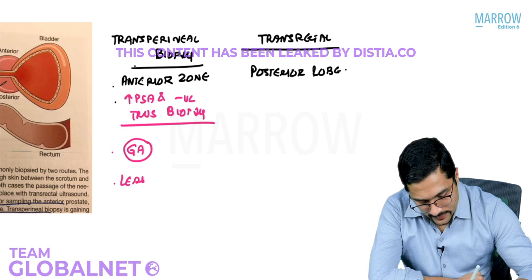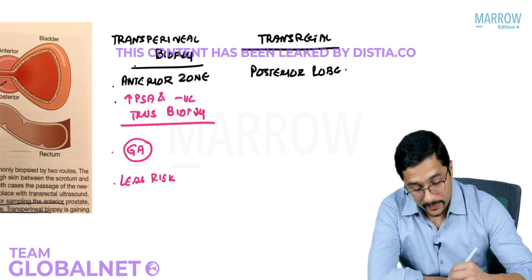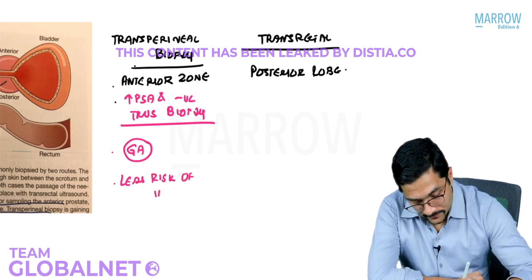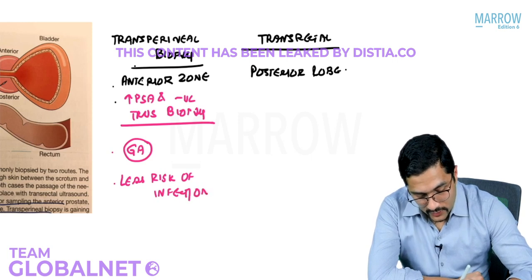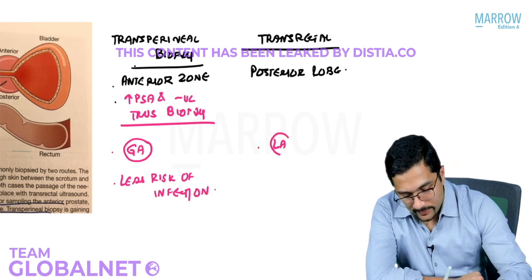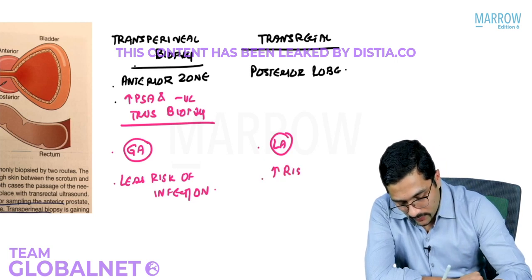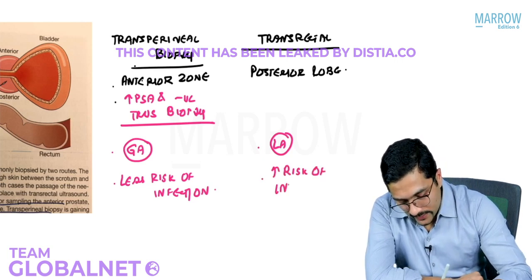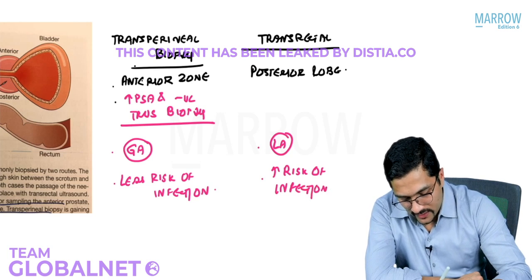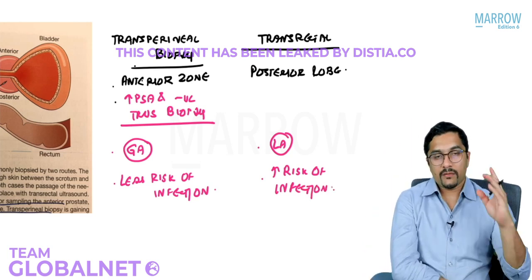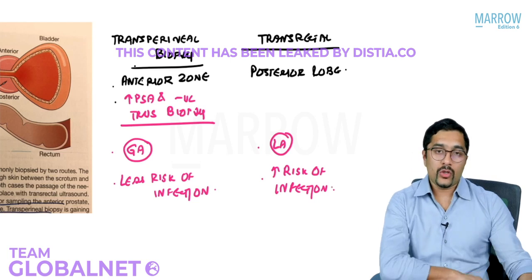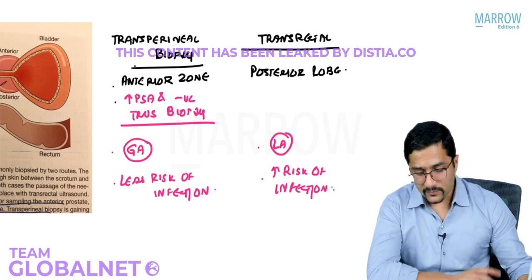There is less risk of infection because we are going through the perineum and not through the rectum. Transrectal biopsy, on the other hand, can be done under local anesthesia comfortably, but there is increased risk of infection. So these are the differences between a transperineal and a transrectal biopsy, which have been mentioned in Bailey, and you should know about them for the exam.